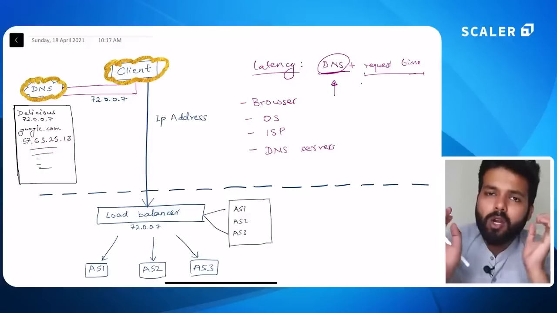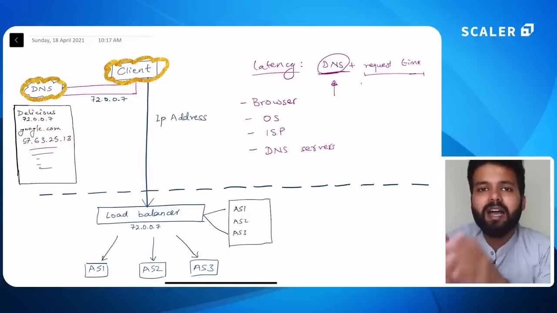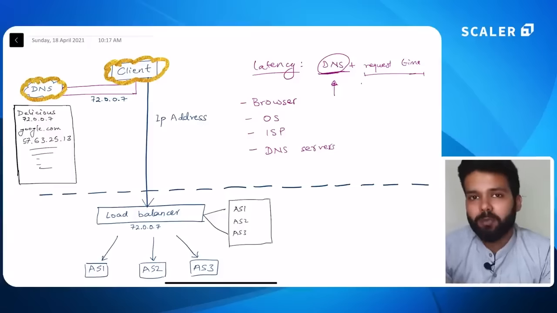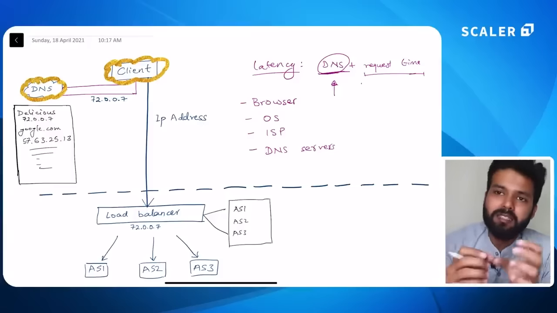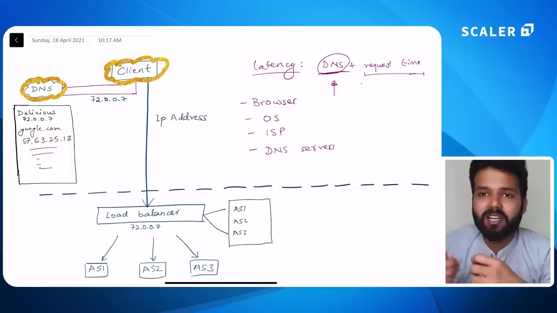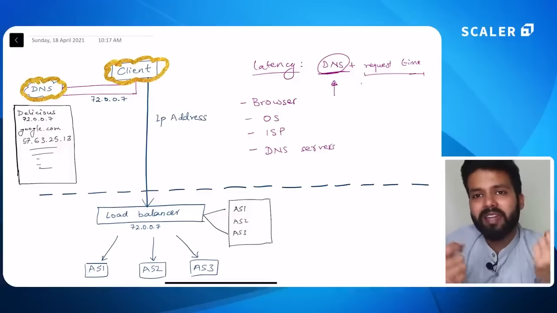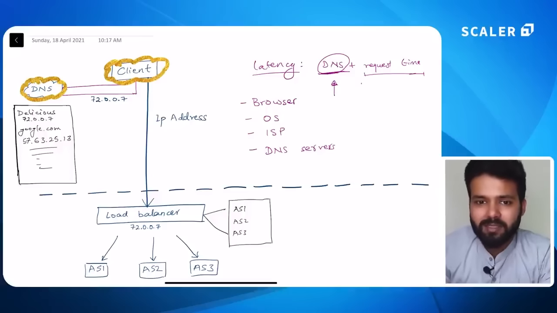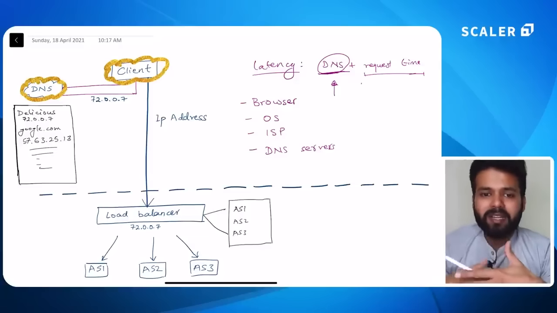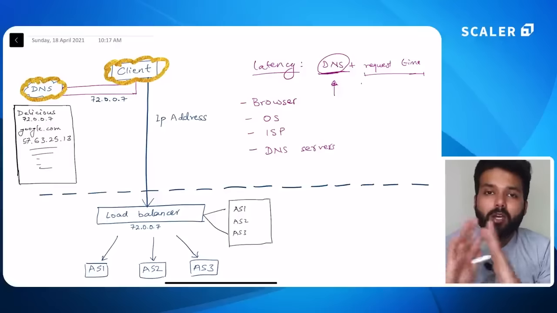It will add a lot of latency because India and US are geographically apart from each other. Typically, it takes around 200 milliseconds for a request to reach from US to India. So every request which is originating from India and is getting resolved in US will have an inherent lag of 200 milliseconds. It is not a very desirable outcome, right? So to avoid that kind of scenario, DNS is basically replicated across the globe.